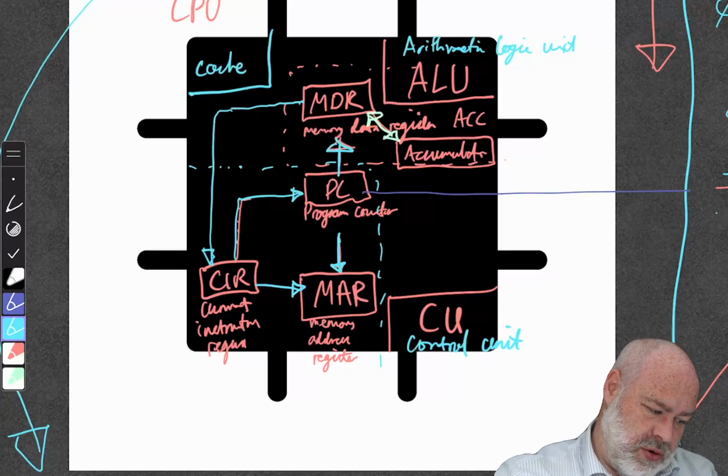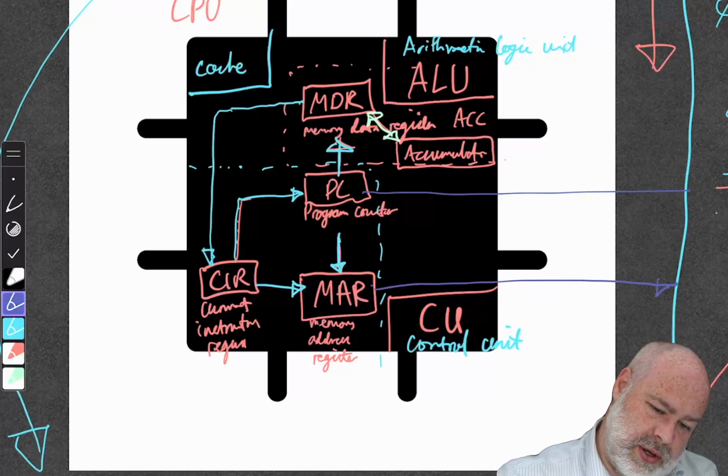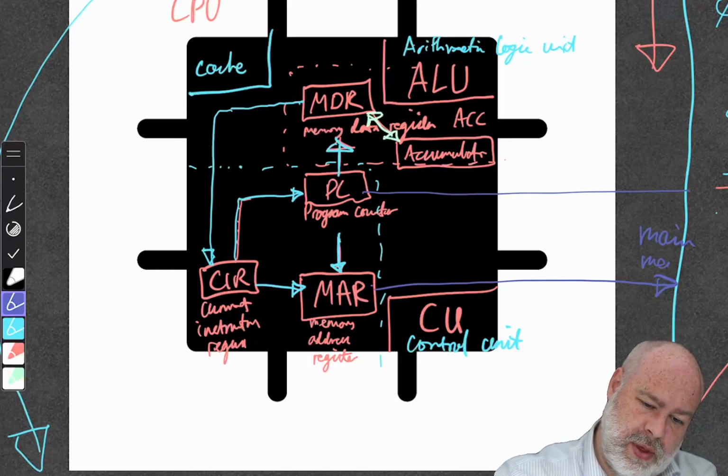We've got our control unit and our address bus, which is going to go to our main memory. So the main memory, which is our RAM, is over this way.